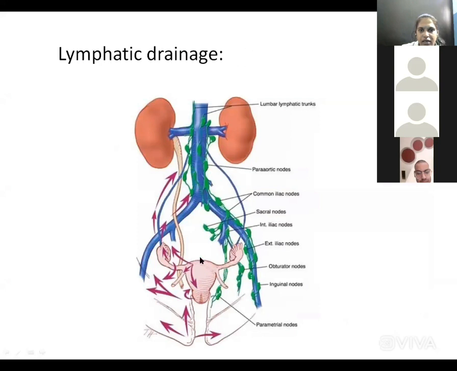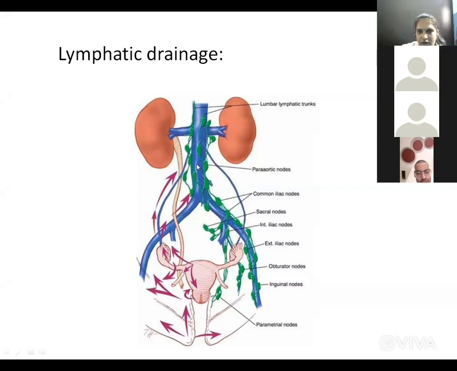Now lymphatic drainage. This is the ovary. The lymphatics again emerge out through the hilum. They will join with the lymphatics from the fundus and uterine vein. All these lymphatics run through the suspensory ligament and reach the pre and para-aortic group of lymph nodes.